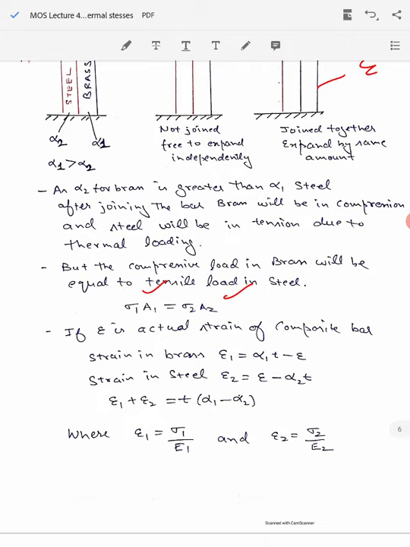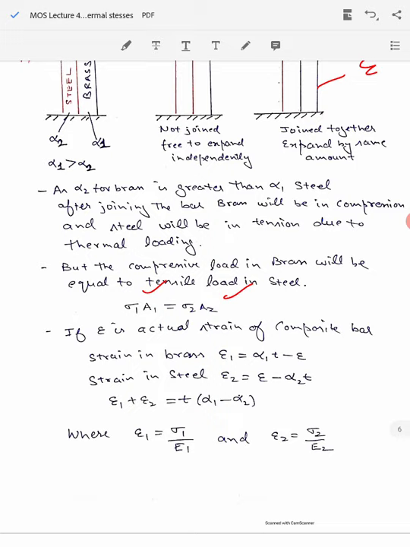So the compressive strain that has been induced in the brass bar is of the magnitude alpha 1t minus epsilon.